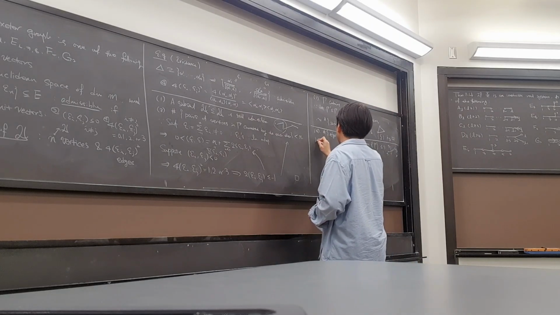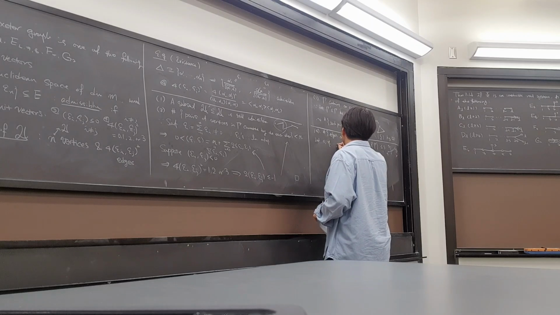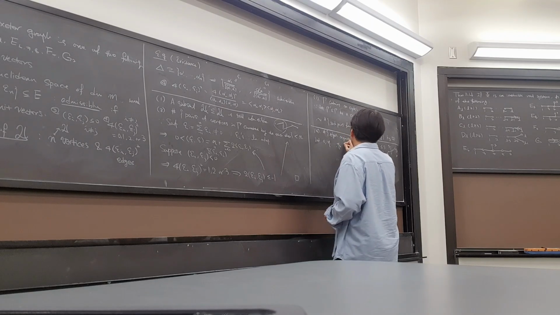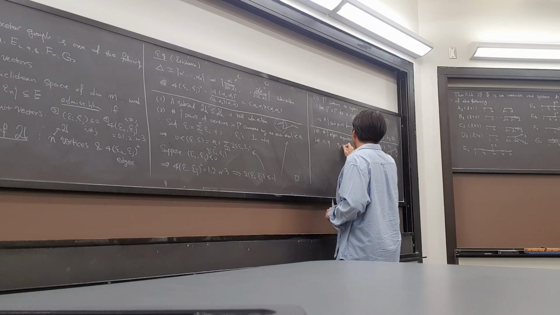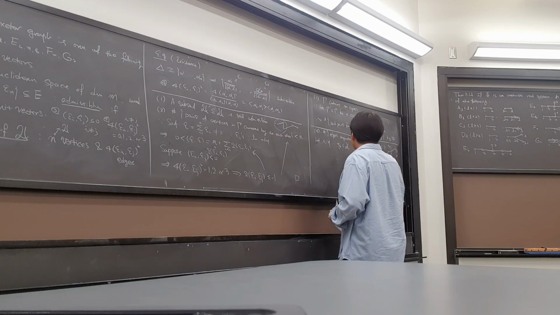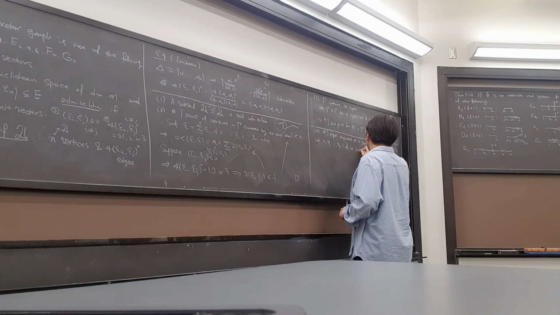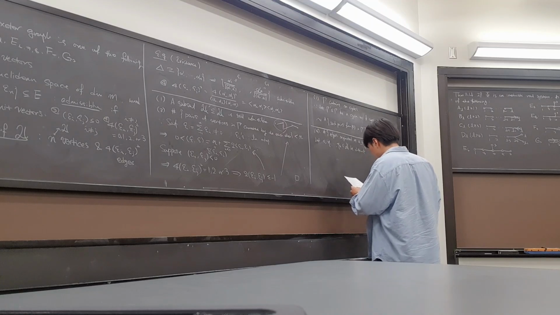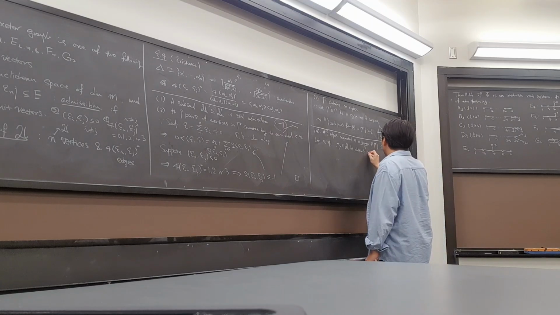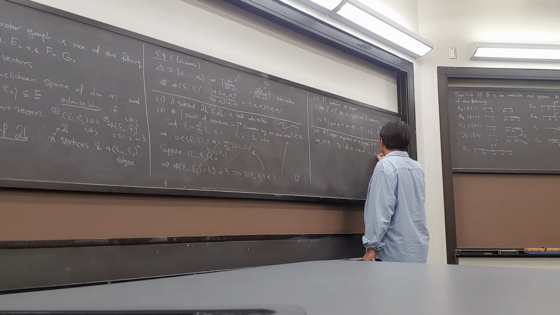So let epsilon and nu 1 to nu k be elements of bracket A, distinct, such that they're connected from epsilon.